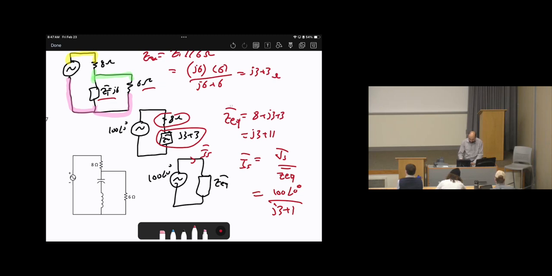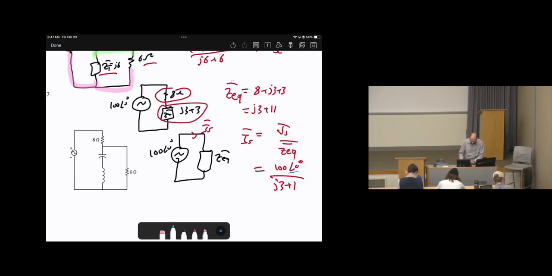Keep in mind, for any number with angle 0, you don't need to put the angle 0 in the calculator because any number angle 0 is the same. For example, 100 angle 0 degrees is the same as 100. So you can avoid more complexity. It will be 100 over J3 plus 11 here.